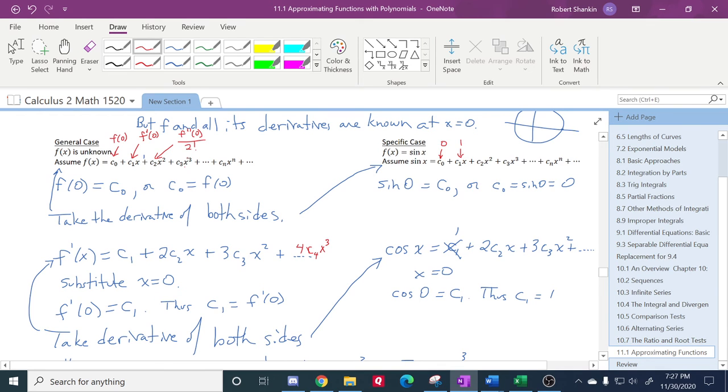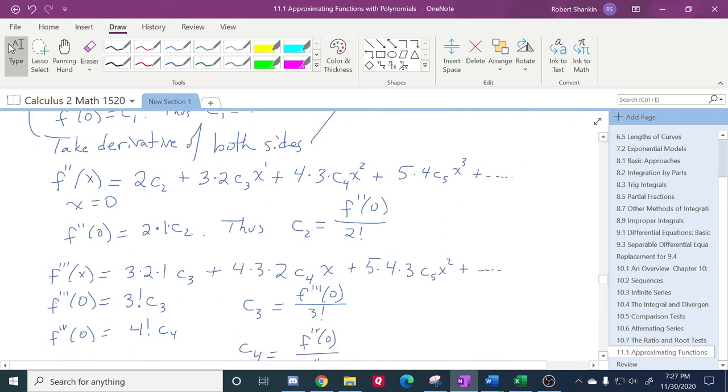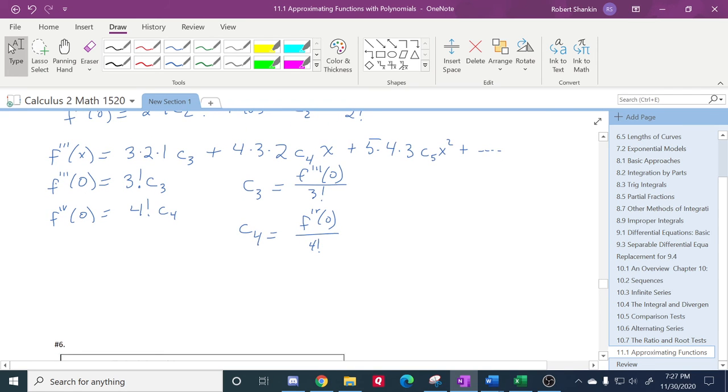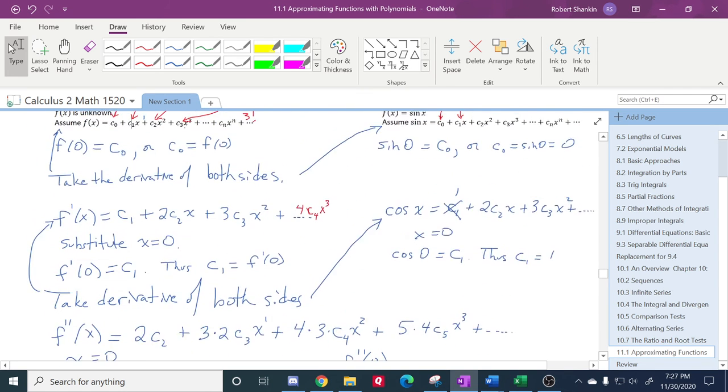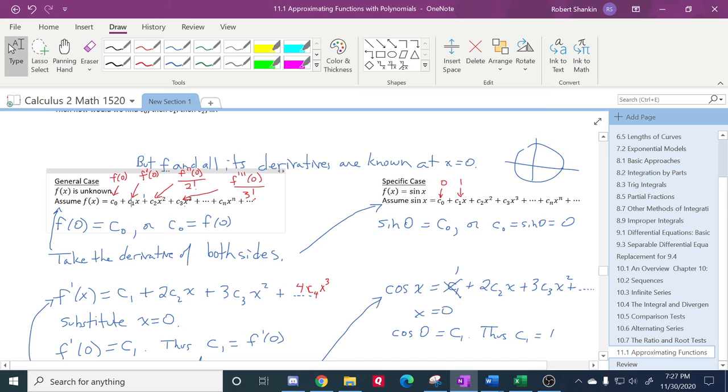This one, it's the third derivative divided by 3 factorial. Okay. And that's the general theory of how we get all these coefficients and turn any function into a power series, an infinite series.